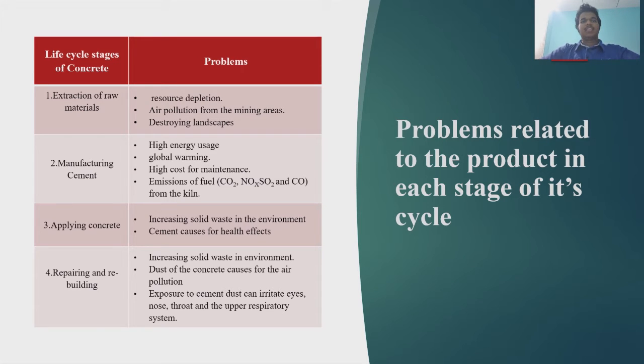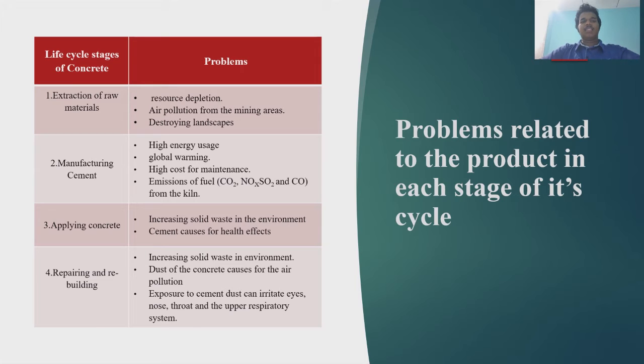Firstly, in the extraction of raw material stage, resource depletion occurs because of limestone extraction. Also, releasing a lot of heat from the mining areas causes air pollution, and destruction of landscapes for mining is another severe problem related to this stage. High energy use, global warming and fuel emissions are happening in the manufacturing cement stage.